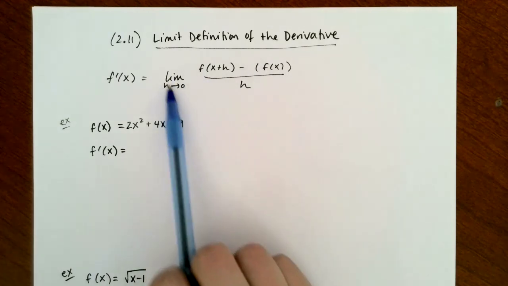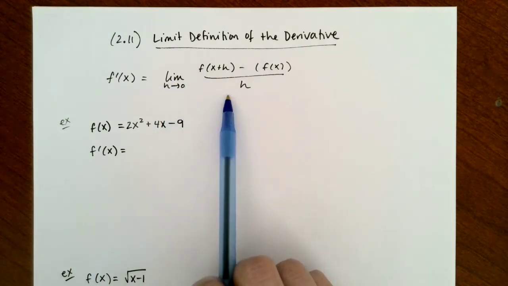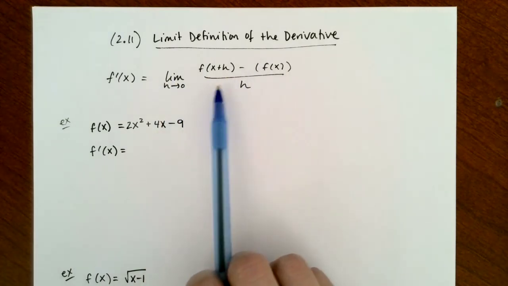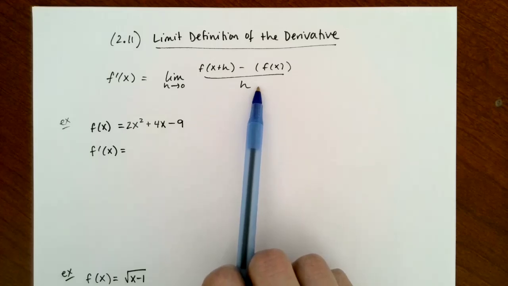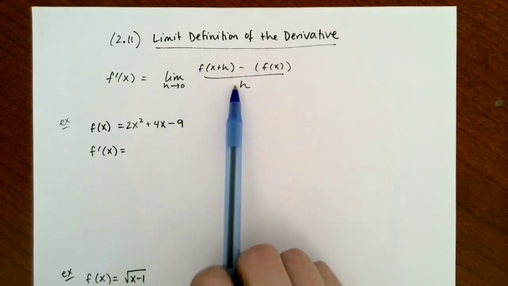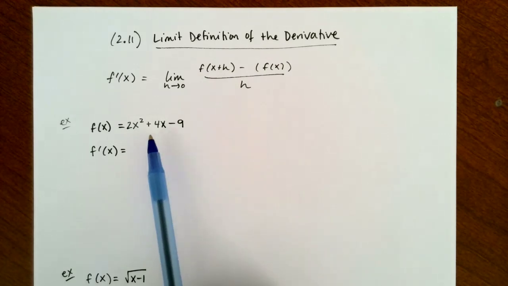This is just kind of a reimagining of the original definition with the f of x minus f of a over x minus a. And if we kind of view the same situation in this different way, it makes the limits ever so slightly more manageable. And this first example is a great example of that.